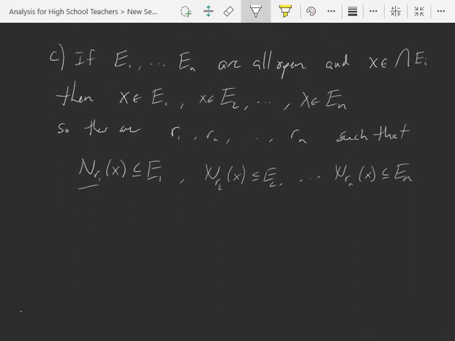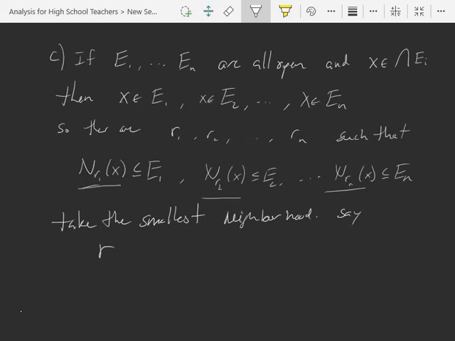Okay, so I've got a bunch of different small circles centered at X. I'm just going to take the smallest of them. Say R is equal to the minimum of R1 up through Rn. Then the neighborhood of radius R around X is in each of the E sub i's.